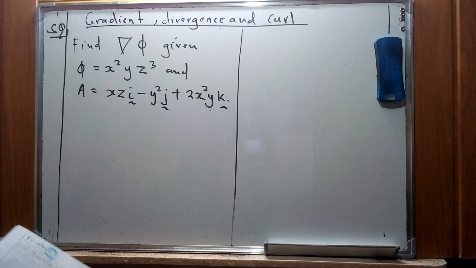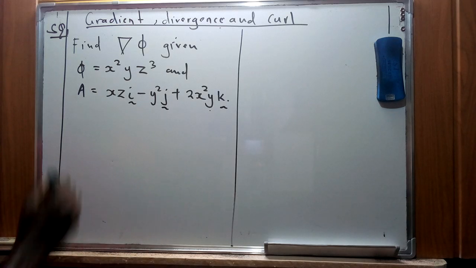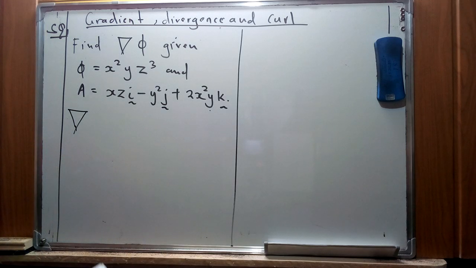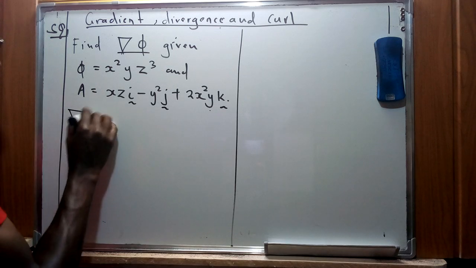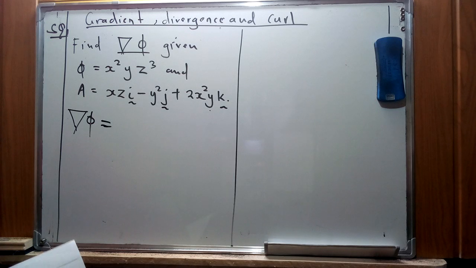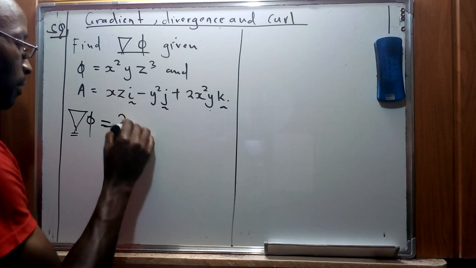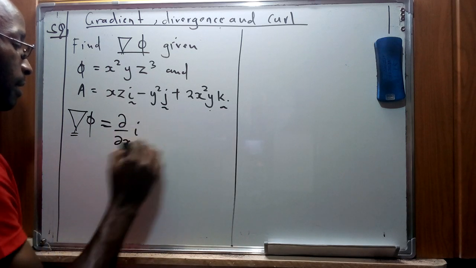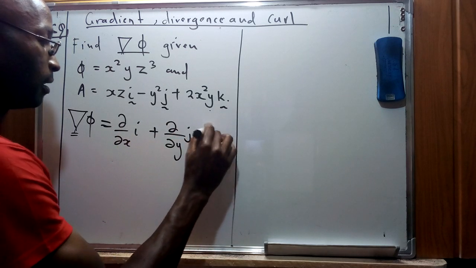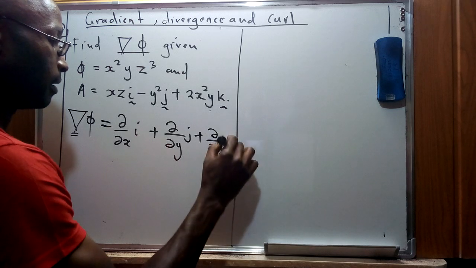Now in this particular case, we can represent del phi by using the vector differential operator that we had referred to as del, that is given as d/dx i plus d/dy j plus d/dz k.